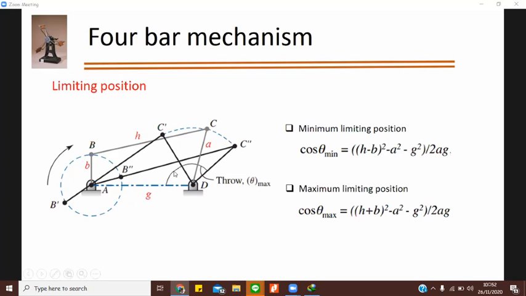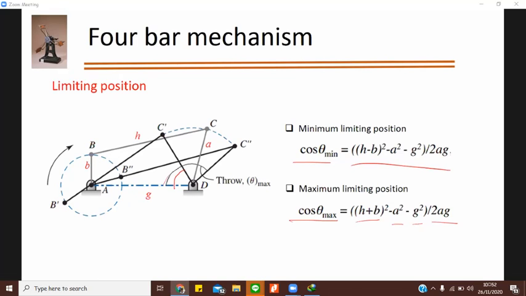So cos theta min you can find from here: h minus b square minus a square minus g square divided by 2ag. Similarly, you can find the maximum angle in full extension: cos theta max is h plus b square minus a square minus g square divided by 2ag. This is how you can find the minimum and maximum limiting positions for your follower link.